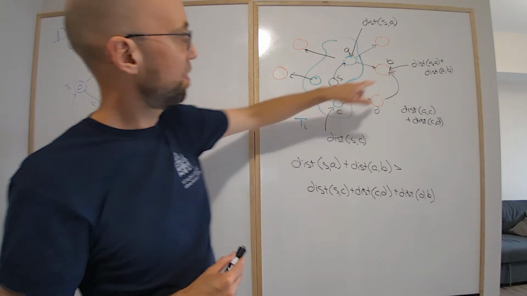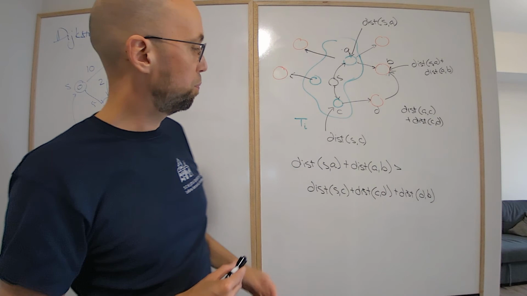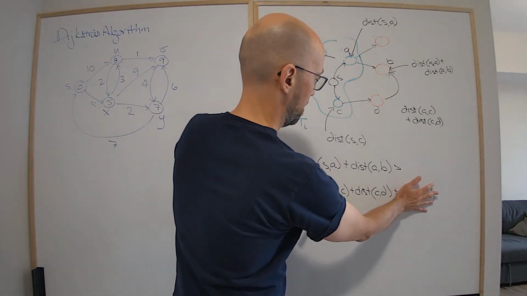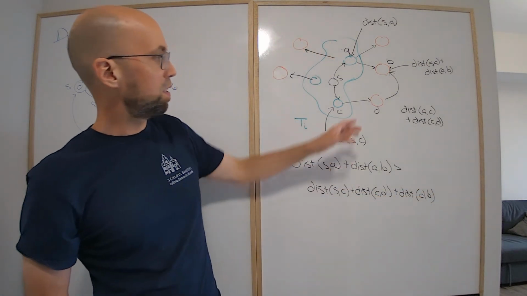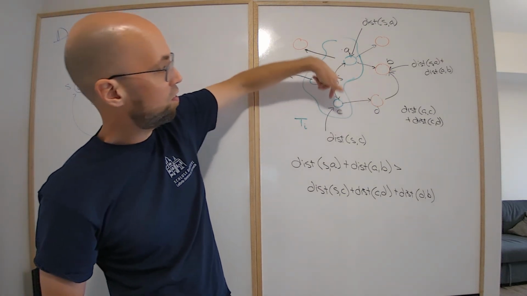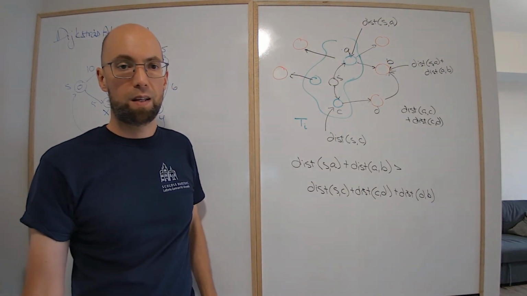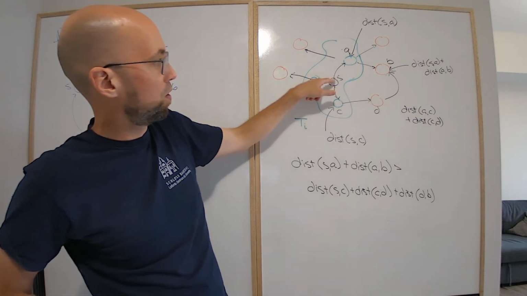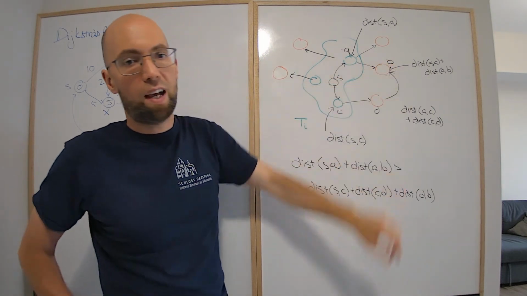But that means the distance SA from S to A plus distance A to B was bigger than distance S to C plus distance C to D. So that means that just getting from S to D is at least as expensive as getting from S to B. So the only way that it can actually be cheaper to go from S to C and then to D and then to B is if this path has negative cost.